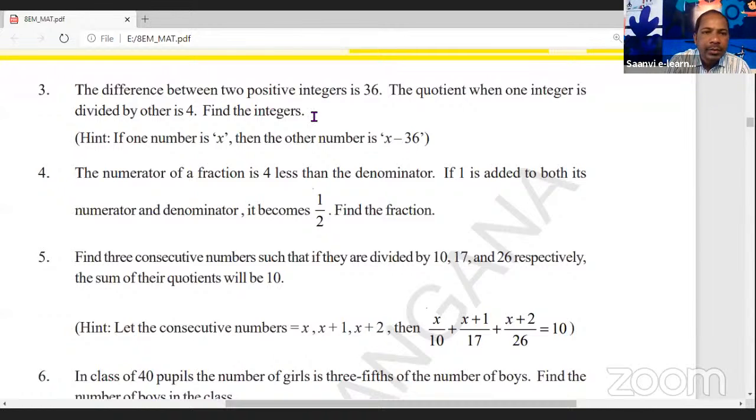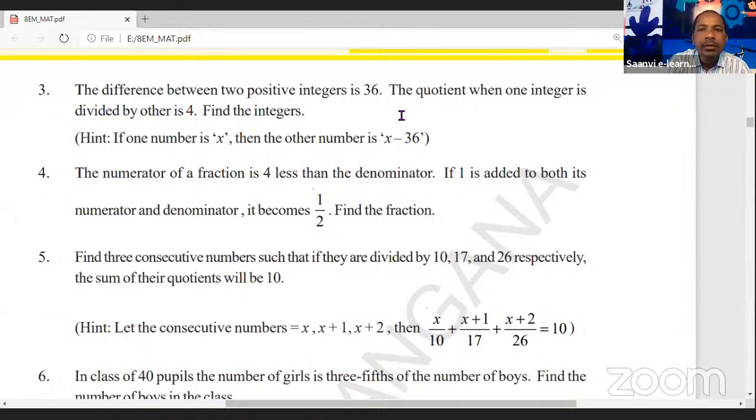So here, in the first statement, it is given that the difference between two positive integers is 36. Two positive integers are there. According to the given hint, if the first integer is x, then the other integer is x minus 36.